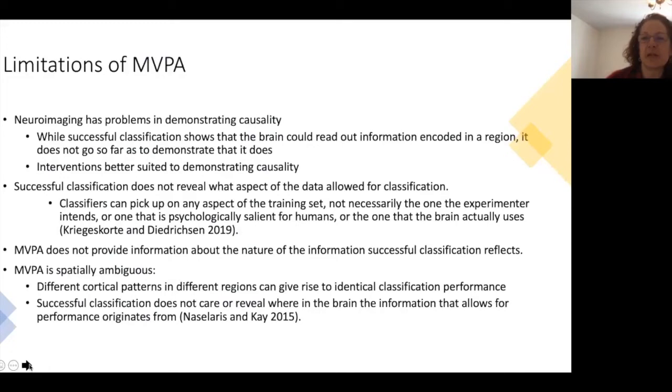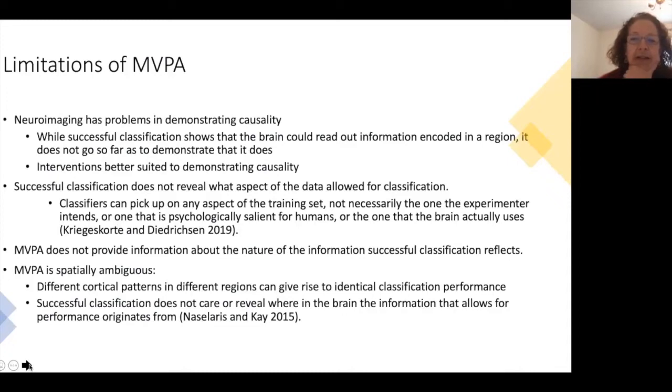So what you get is information. You can prove that there is information available, but you can't prove that it's actually being used. So there are other things that you have to do in order to demonstrate causality, which is essentially intervene in the brain in some way. That is not something that neuroimaging typically does, although it can be combined with kinds of interventions like TMS.